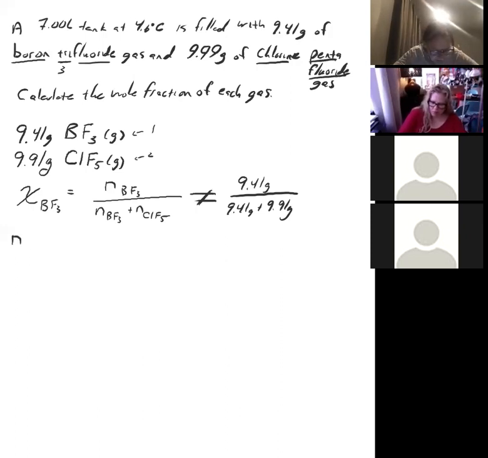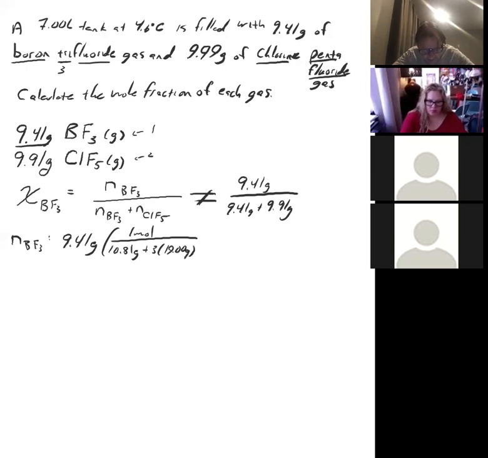The moles of BF3, we have 9.41 grams. 1 mole weighs how much? Well, boron weighs 10.81 grams. That's how much boron weighs. And fluorine weighs 19.00 grams. Okay, so that's your molar mass of BF3.